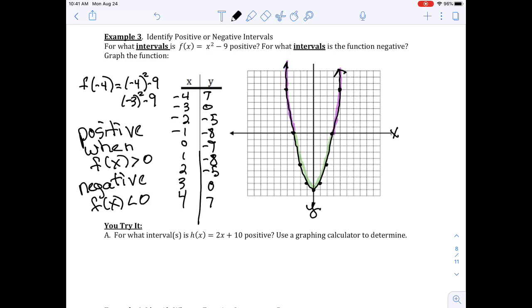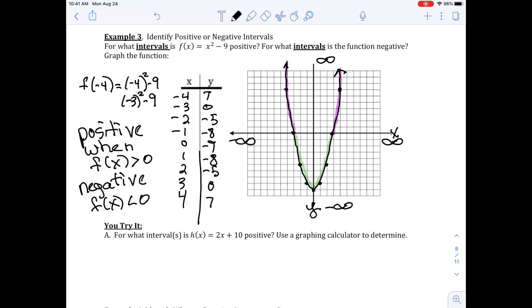So how do we describe that using interval notation? Well, let's go back and review interval notation. So if I'm looking at the x-axis, so track your eyes horizontally, down here to the left is negative infinity, and down here to the right is positive infinity. Down here, negative infinity. Up here, positive infinity.